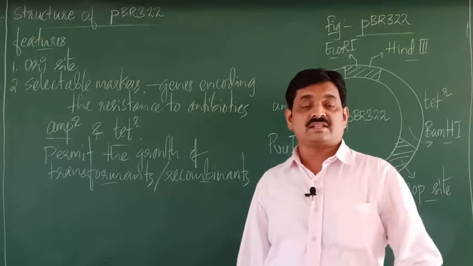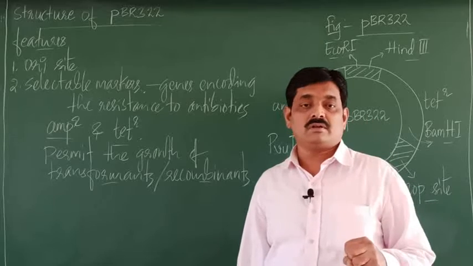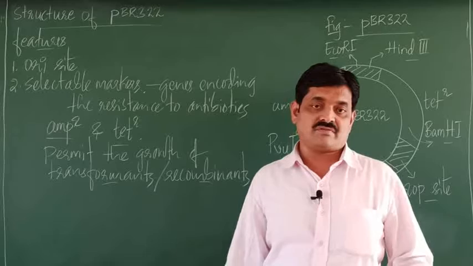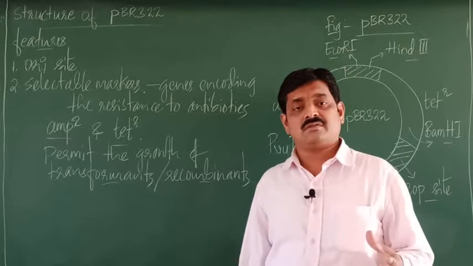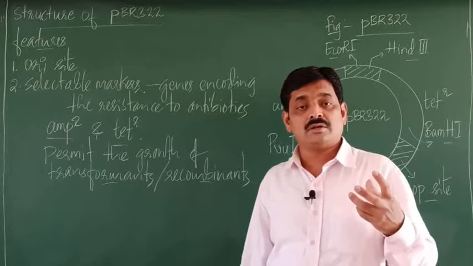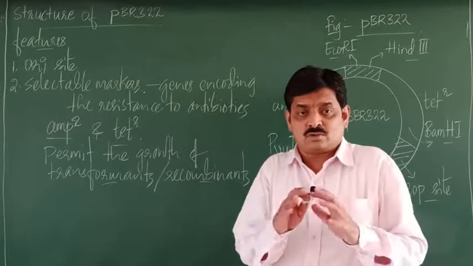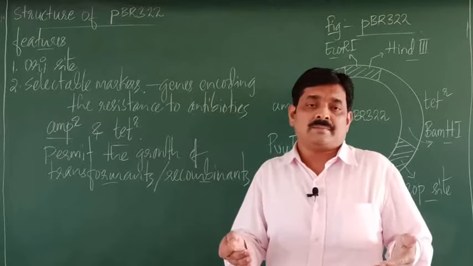Means these selectable markers are responsible for protecting these E. coli cells from antibiotics, right? So antibiotics will not be able to kill or destroy these E. coli cells. In this way, these E. coli cells don't die, they reproduce and they multiply, right?